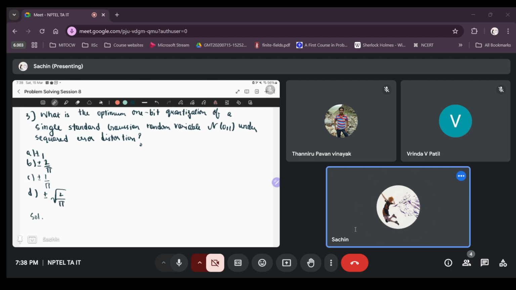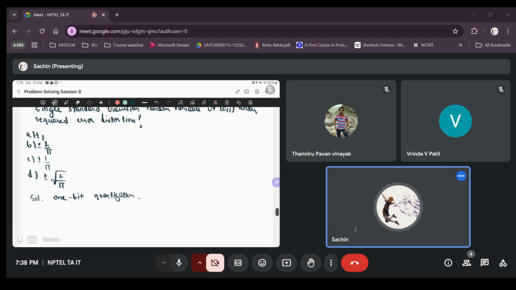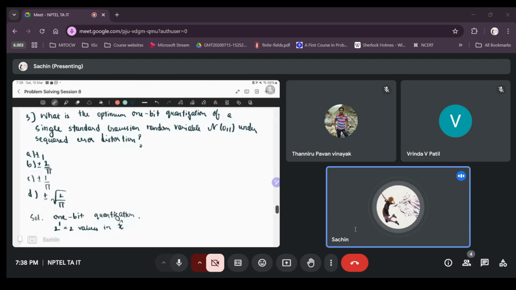So when you're doing 1 bit quantization, you have 2 values in script X hat. Your reconstruction can have two values.